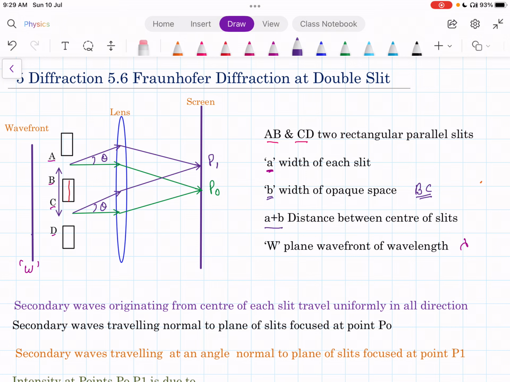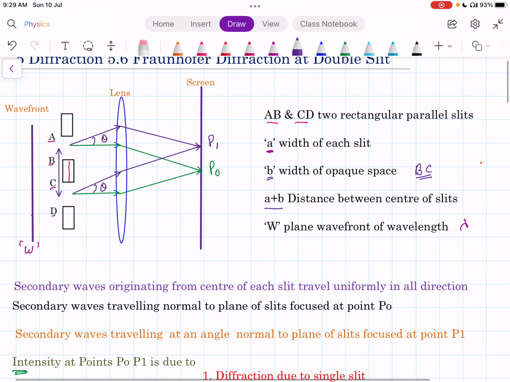Now what would be the intensity at points P0 and P1? Obviously, the intensity at point P0 is the maximum, but that intensity is because of both effects, the diffraction effect as well as the interference effect. In the last lectures, we studied the difference between interference and diffraction.